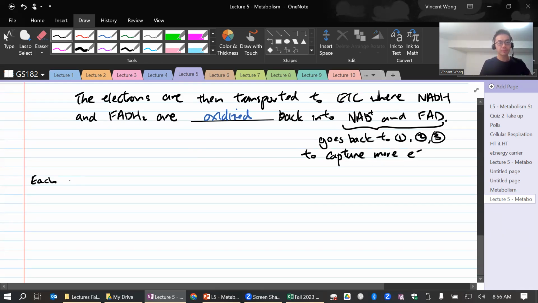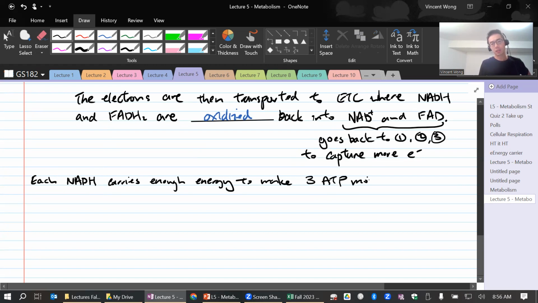Each NADH, this is the one that is already in the reduced form. It already has the electron captured. And each of them carries enough energy to make up to 3 ATP molecules.